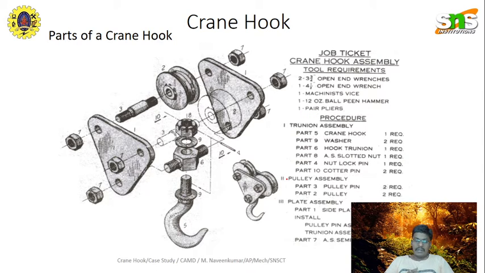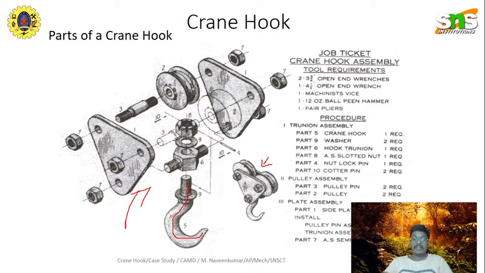So this is the assembled view, and this is the exploded view of the assembly. You can see the hook. This material is made of a single piece, and these are the various parts of the assembly.